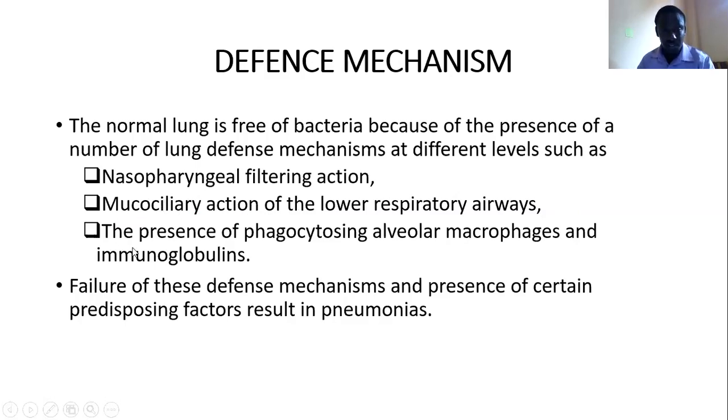Another defense mechanism is the presence of phagocytic alveolar macrophages. In your anatomy, you learn three types of cells that we have in the lungs: type 1, type 2, and type 3. This third point is based on the alveolar macrophages, that is the type 3.